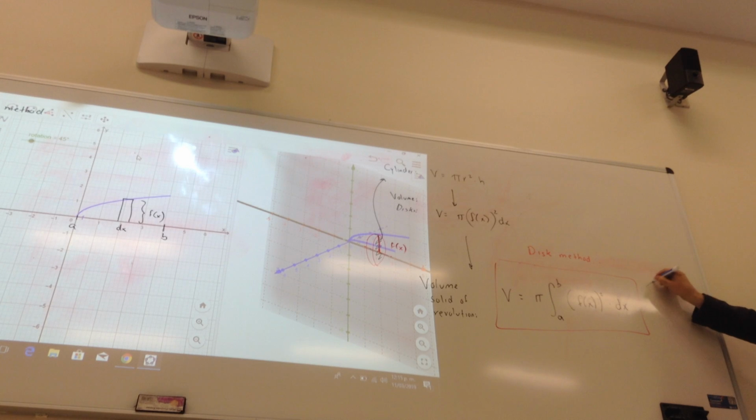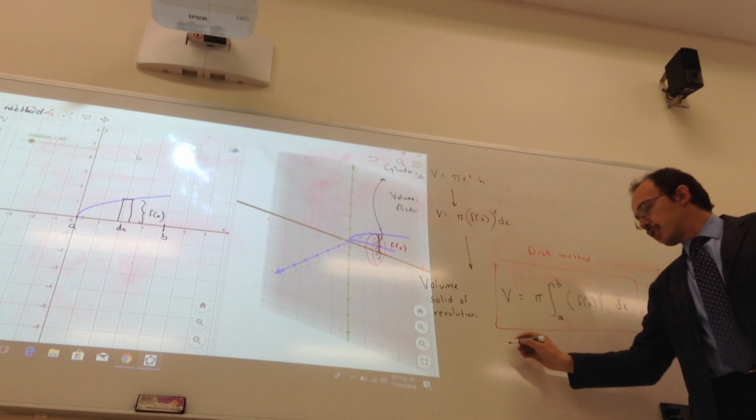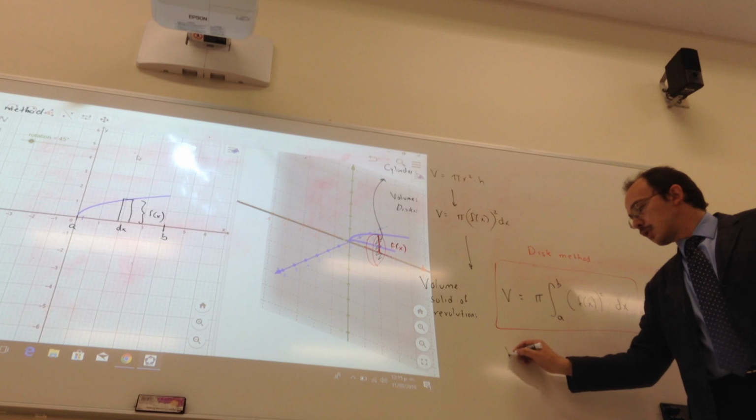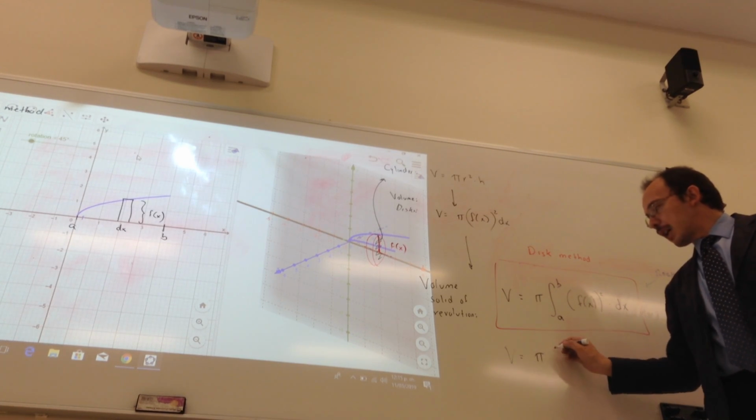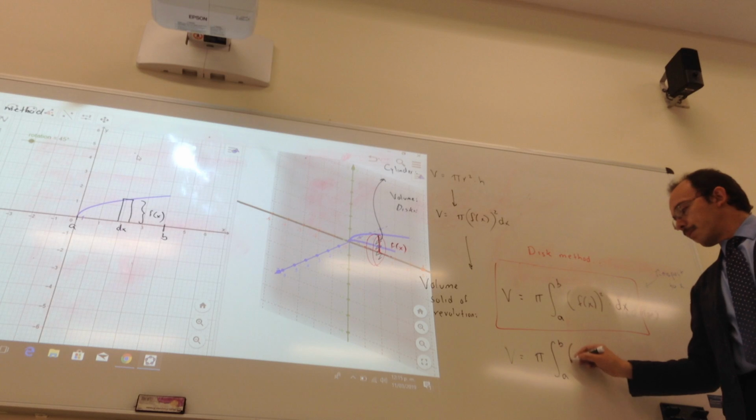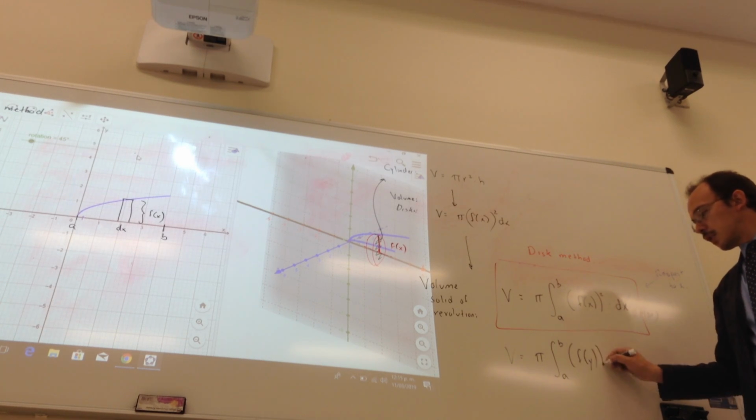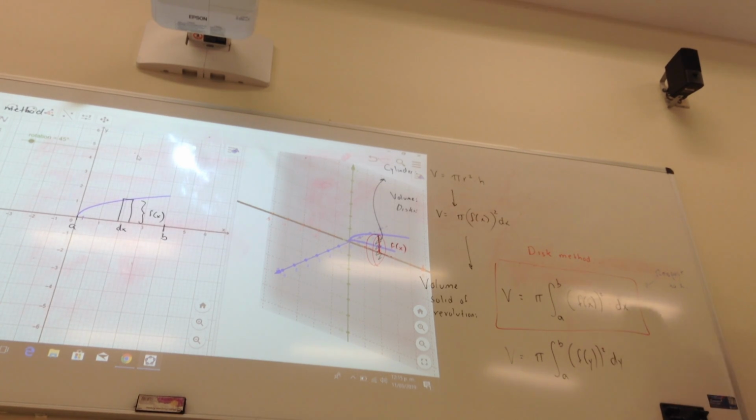In this case, it is with respect to x. If it was with respect to y, then the formula is going to be something similar. The volume is pi times the integral from a to b of f of y to the square times dy. This is with respect to y.